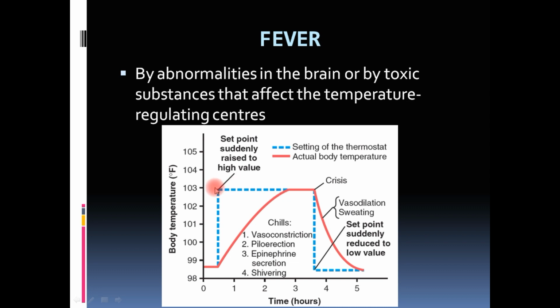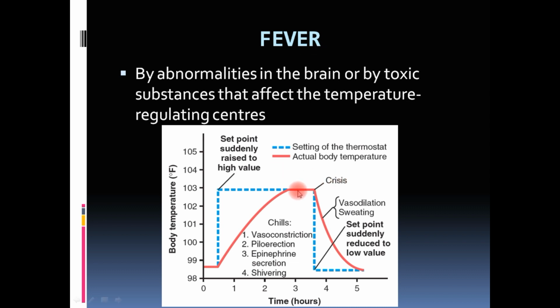As we can see here, the set point is set at a higher value. So during this period, the patient will be feeling cool even though his body temperature is normal or above normal, until the body temperature comes to the set point level. Once the body temperature reaches the set point level, the feeling of cold sensation will not be there, and he will feel as if he is at a normal body temperature.